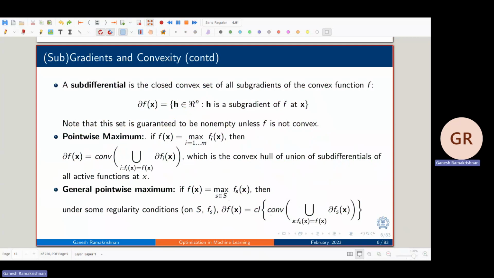Yes, anyone recalls? Vector induced matrix norm.